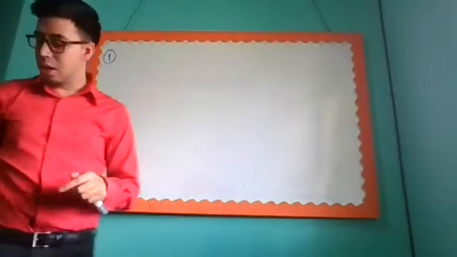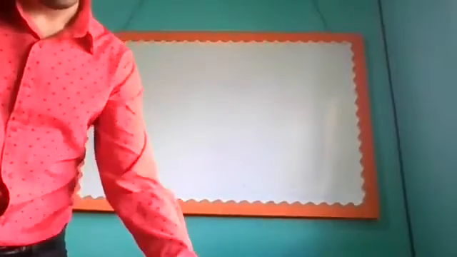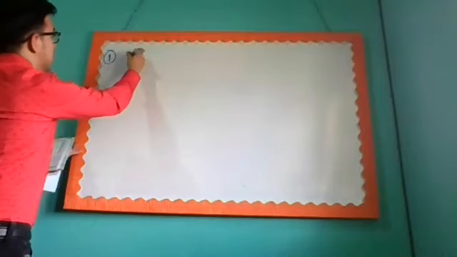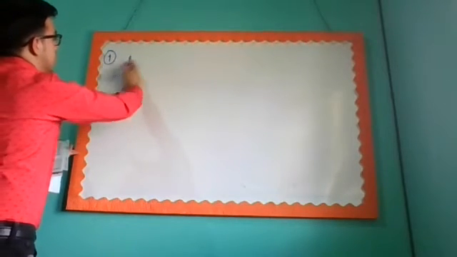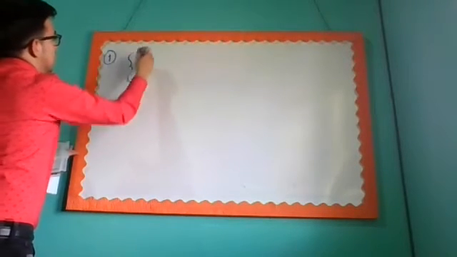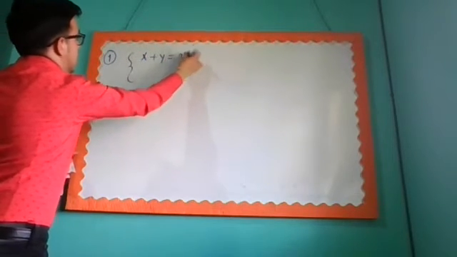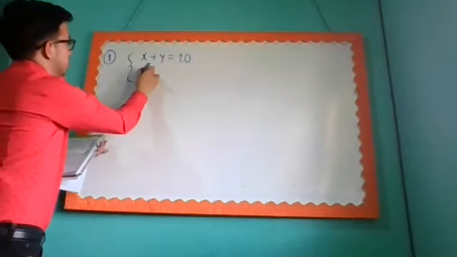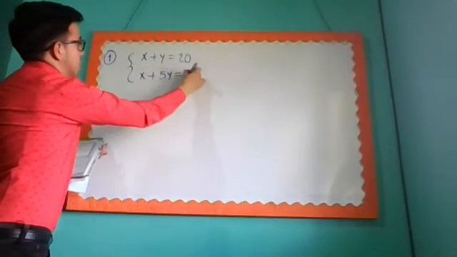Okay, then we can continue with the other system of equations. I need this to write it. X plus y equal 20. I'm sorry, this went so bad. X plus y equal 20. And the other one is x plus 5y equal 68.